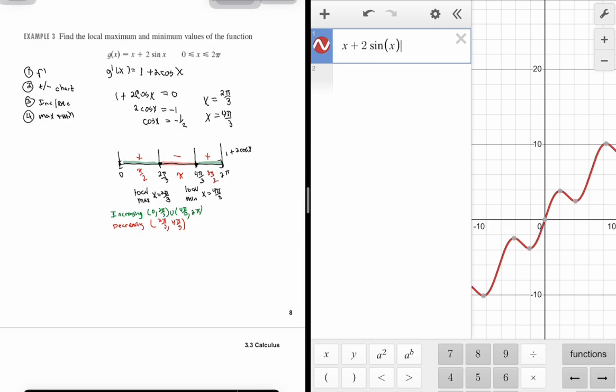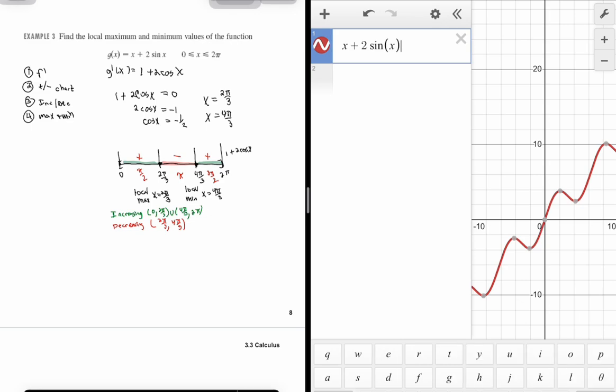Where's the wavy brackets? This one? Okay. And I'm going to go from 0 to 2 pi to finish that off for us.